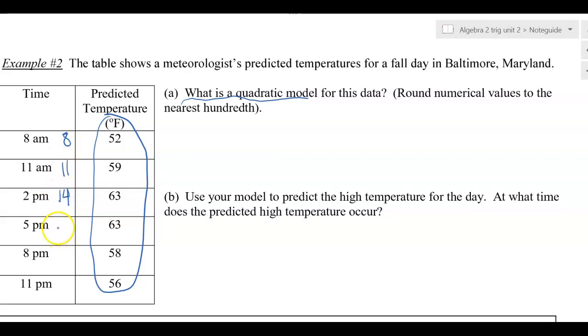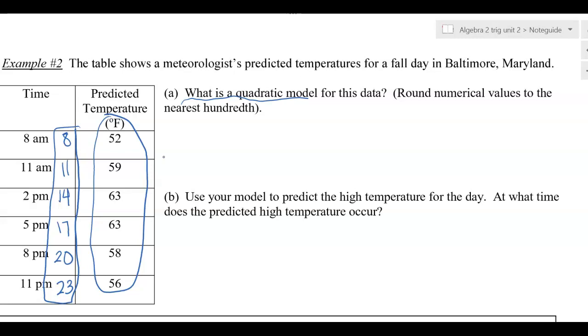And then 5 p.m. is 17, and then 20, and then 23. So we're putting in these x's to go with those y's and understanding that when our calculator gives us an x answer, we have to interpret it the same way we did these here.